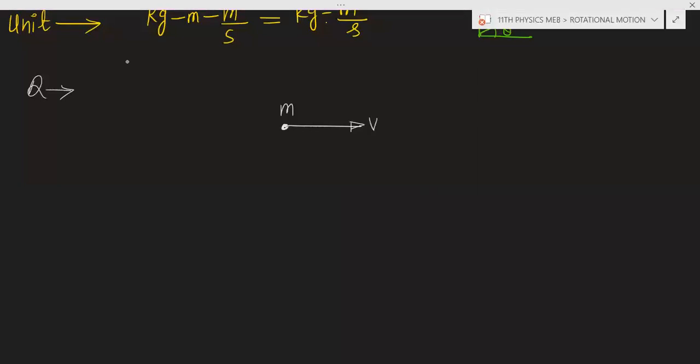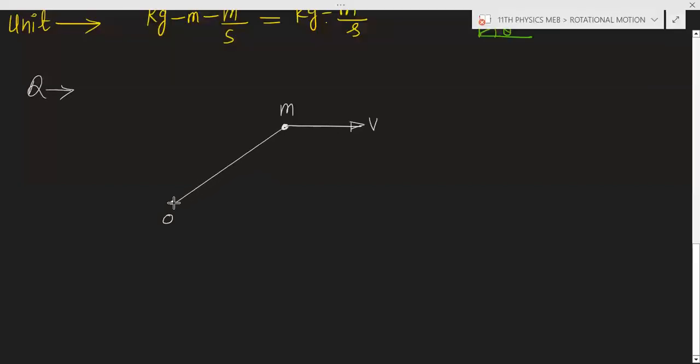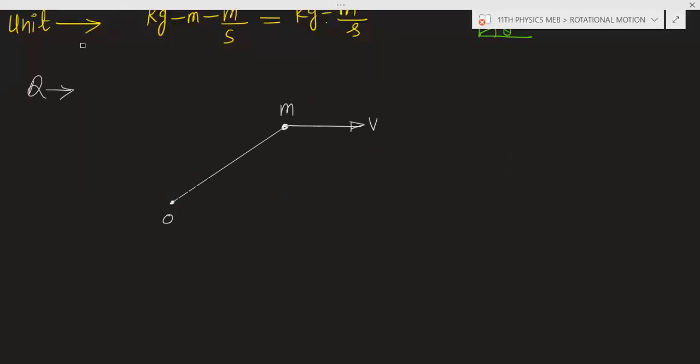And there is a point here, point O. This is the horizontal direction, and with the horizontal, this angle is theta.